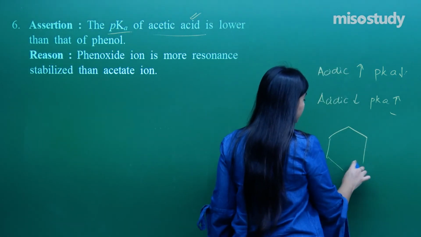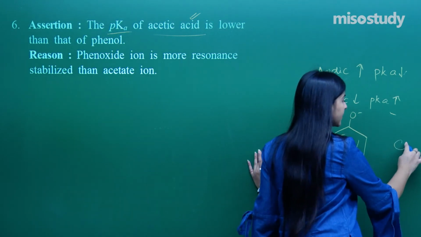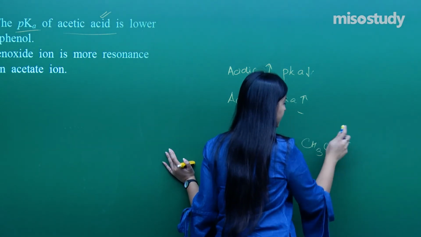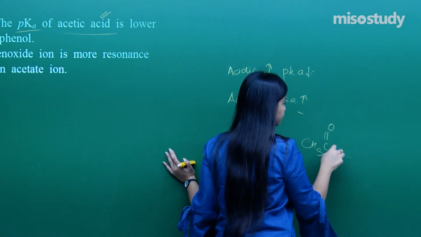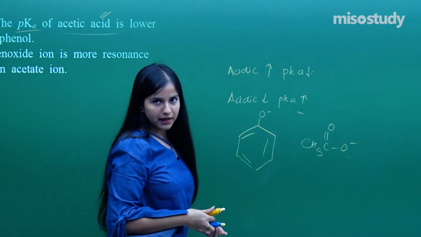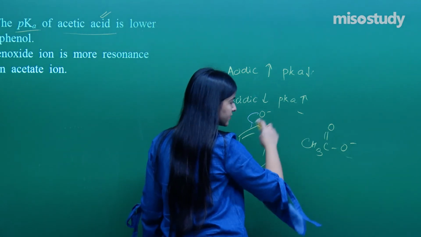Phenoxide ion, that means what they are saying is, after the removal of H positive we get the phenoxide ion, and after the removal of H positive from here we get the acetate ion, like that. Okay, which one is much more resonance stabilized? Let's see. That is how the resonance occurs.